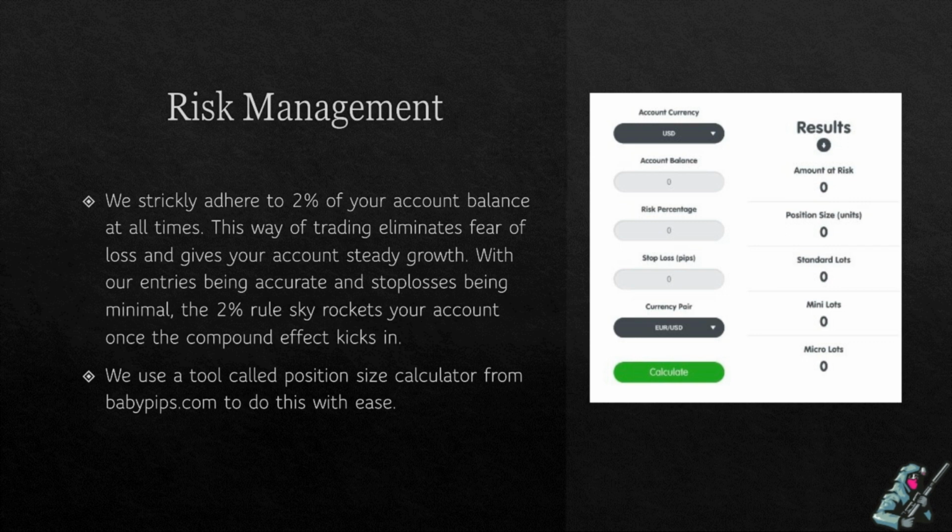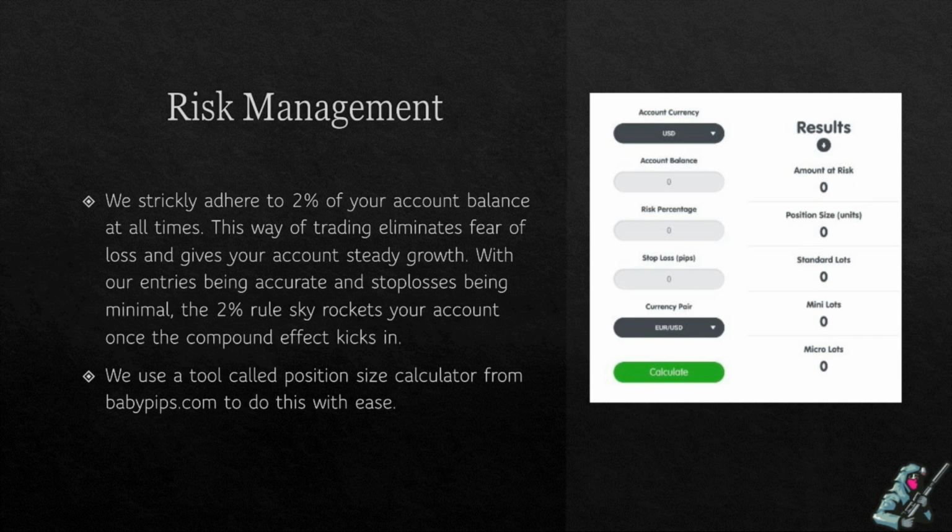So we strictly, with this strategy, stick to 2% of your account balance. Now, whether you've got a $10,000 or £1,000 account, or whether you've got a £200 or dollar account, it doesn't matter. We stick to 2% of your account balance at all times. Do not stray away from this, okay?